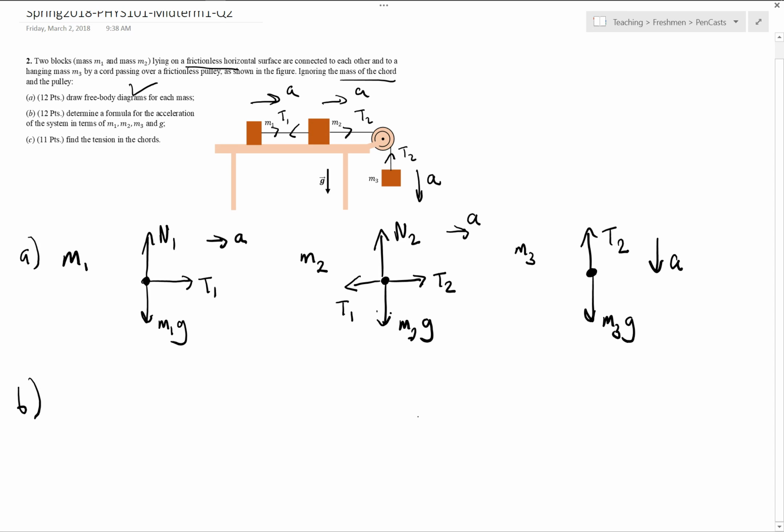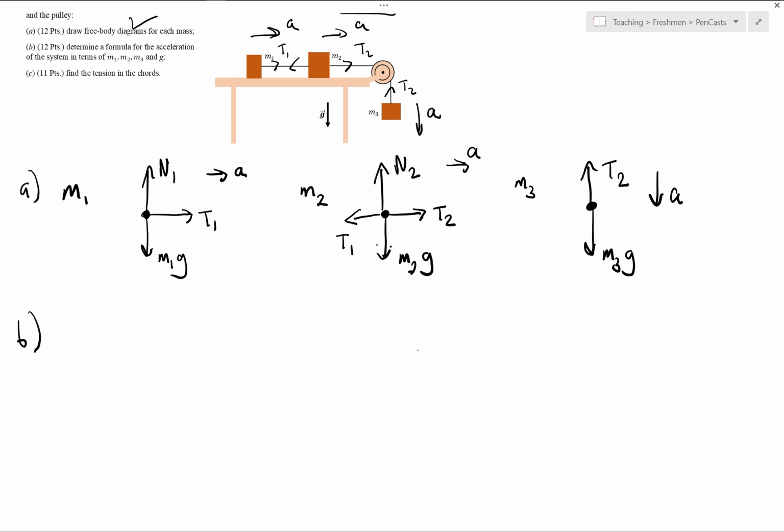Now determine a formula for the acceleration of the system in terms of the masses and G. I have to write Newton's equations for all three objects. Obviously M1 and M2 are not jumping off the table, so I don't have to consider Newton's second law in the y direction. So what I should do is write M1A, which is the net force in the x direction.